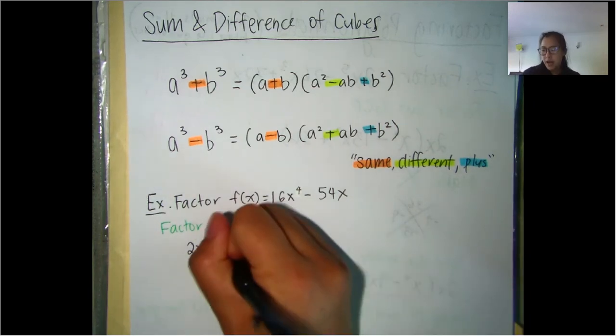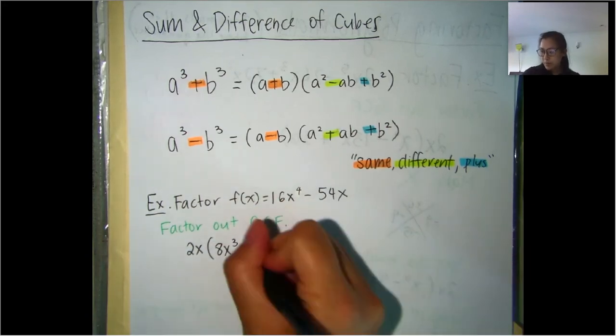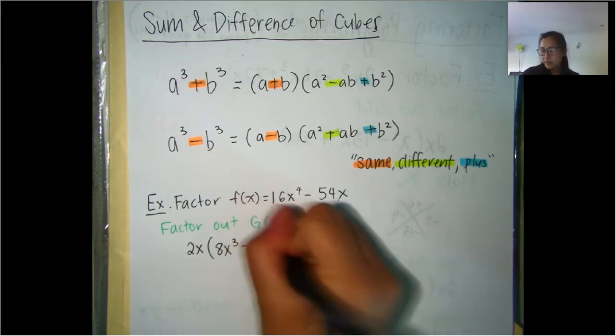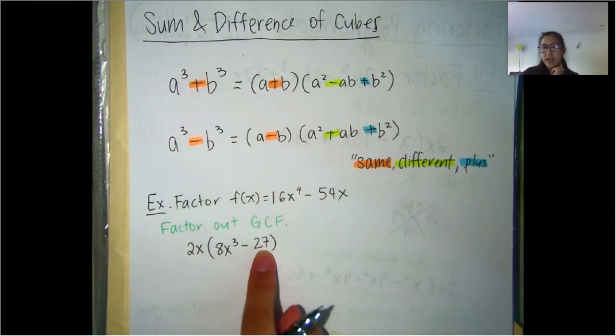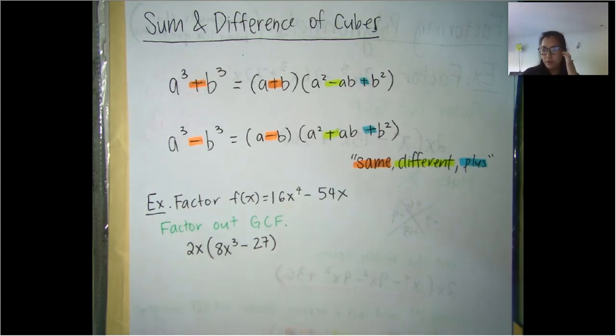Well, that's going to be 8x cubed, minus 2x times what is 54x? Well, that's just going to be 27. I check 8 and 27. Do they have any common factors? No, they don't. So we'll proceed with our formula.